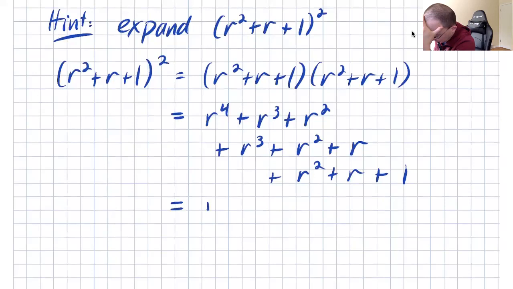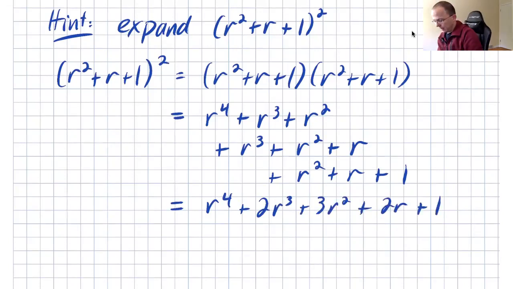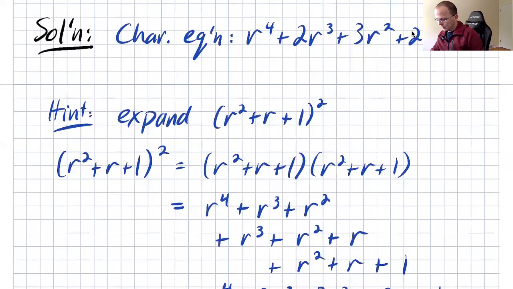Okay, so we get r to the 4th plus 2r cubed plus 3r squared plus 2r plus 1. And that is exactly this characteristic equation right there.